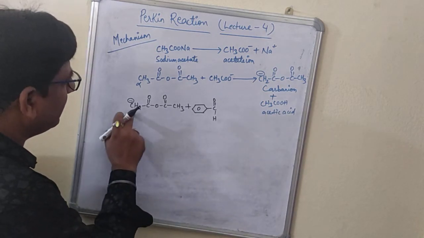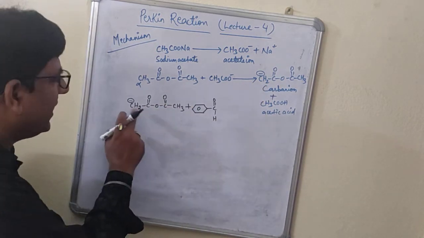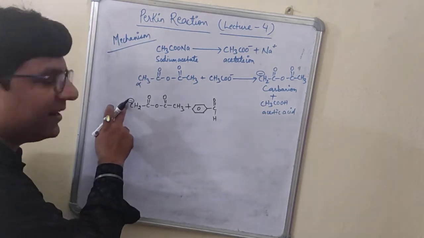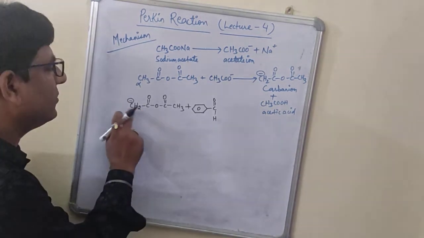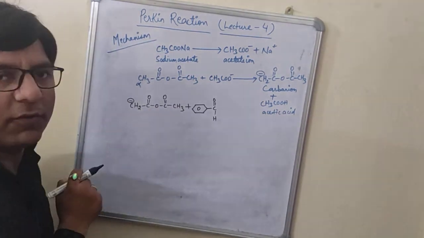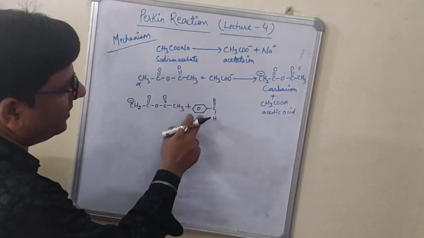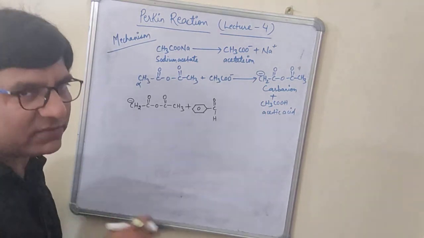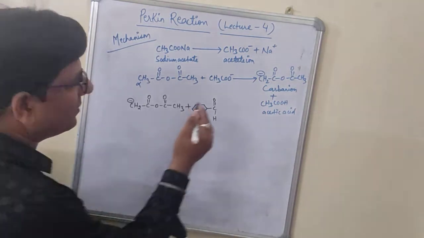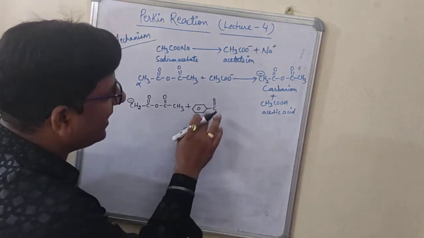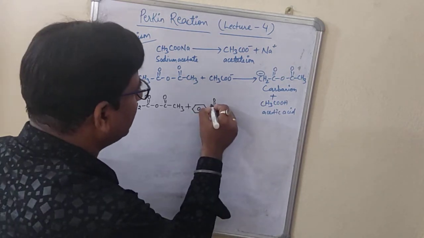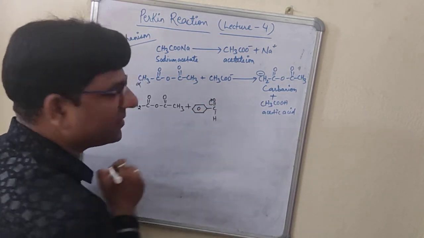This carbanion that has been formed will act as a nucleophile because it has a negative charge. So where will it attack? It needs an electrophilic site. Can we make the electrophilic site here, as we did in the previous reactions? We can create the electrophilic site by shifting the electrons onto this oxygen.